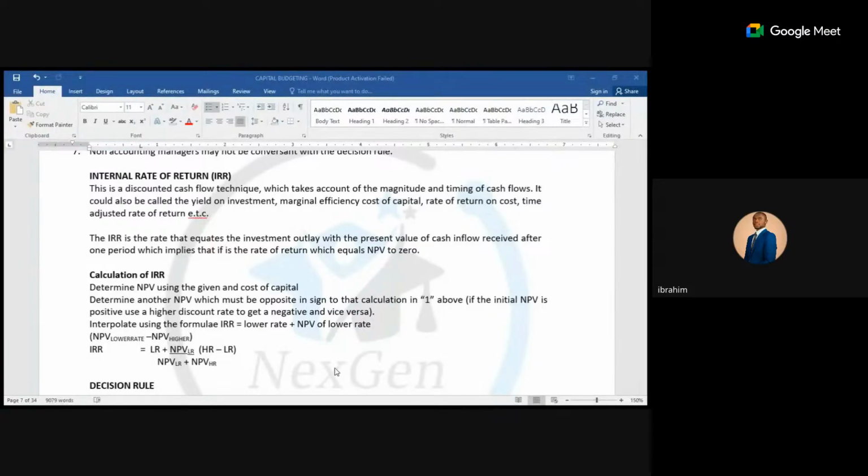If you calculate the internal rate of return and you have 2%, you need to compare that 2% with the cost of capital. If your cost of capital is 5% and your internal rate of return is 2%, the project will not be viable because the cost of borrowing is higher than the return that the investor will get from the investment.